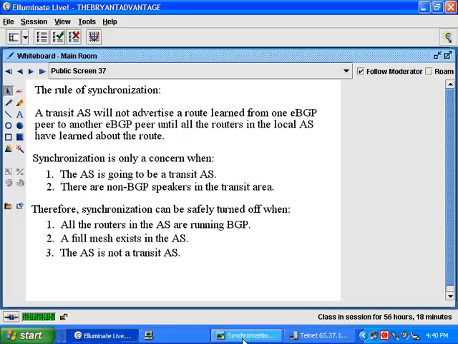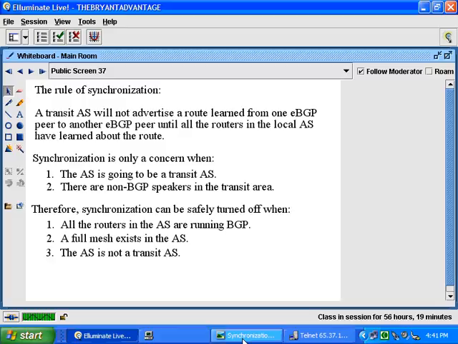If a full mesh exists in the autonomous system, a full BGP mesh, then synchronization can be turned off. And then finally, if the AS is not a transit autonomous system in the first place, synchronization can safely be turned off. And it often is.